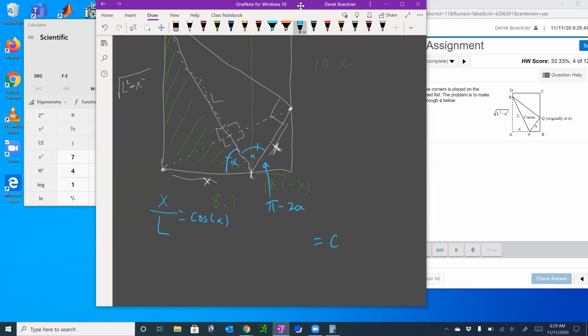Using this, the adjacent for this guy, 8.1 minus x over x, that's the cosine of pi minus 2 alpha. Good with that? Okay. That should give us enough to get this thing together now.